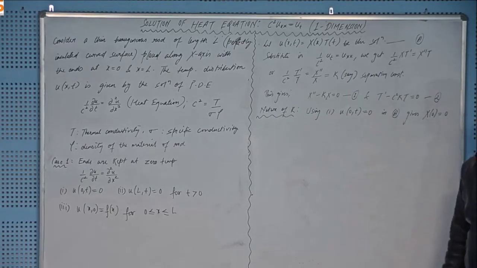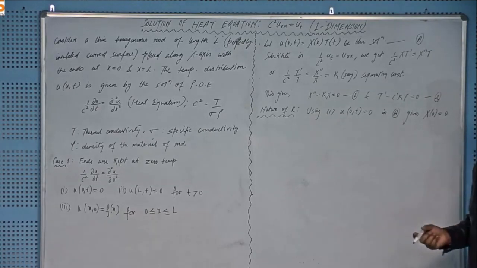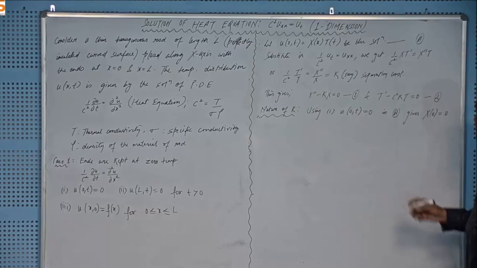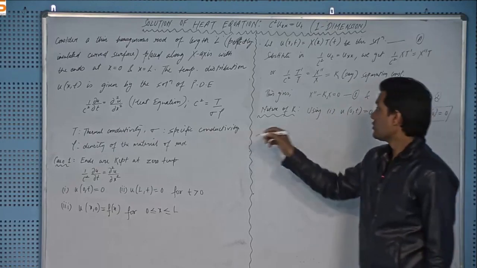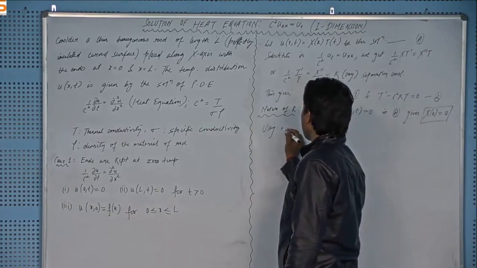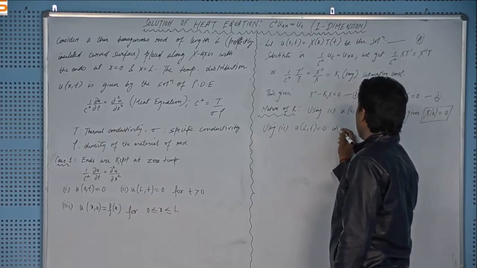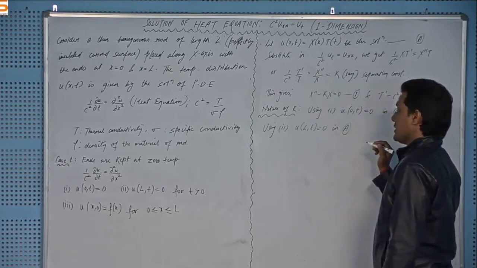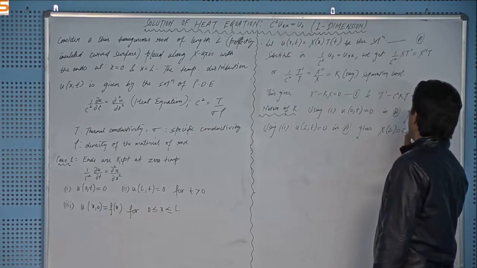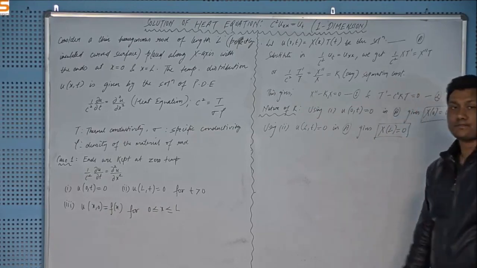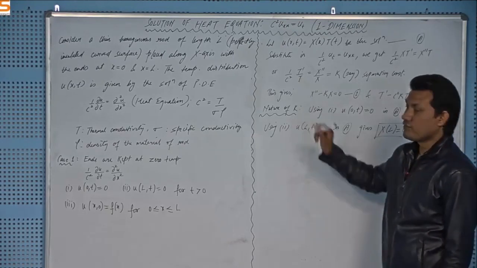And this is very much similar to the solution of wave equation with the bounded interval, right? Okay. So this is X(0) equal to 0, and using second condition, I will get u(l, t) equal to 0 in A, and that will give me X(l) equal to 0, right?